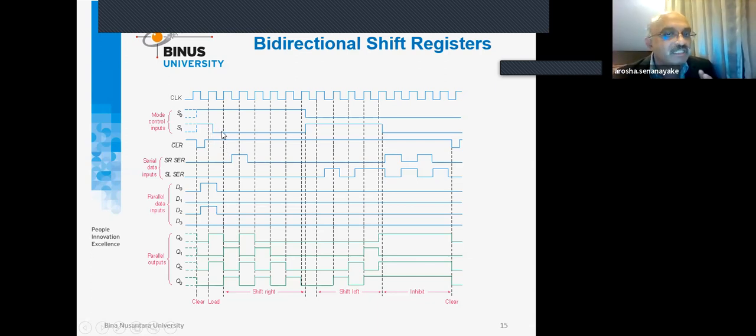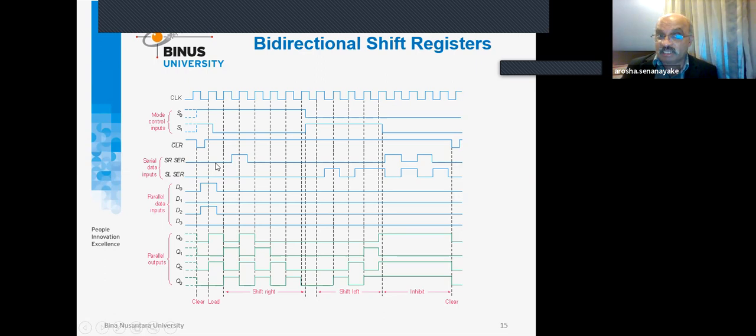There will be a timing to stabilize the signal. We have to wait at least a half clock pulse to get stabilized, and then shift right will start. Very important to understand it.